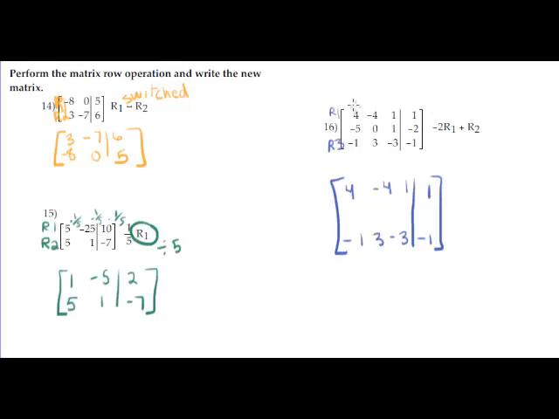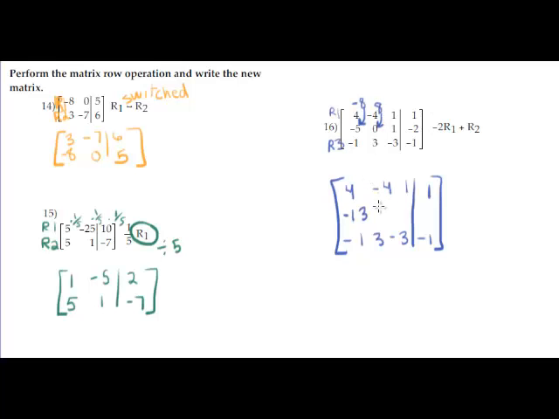So to figure out what row 2 is, I'm going to take what's in row 1, which here is a 4. I'm going to say 4 times -2 is -8. Add that to what's in row 2. -8 plus -5 is -13. Then I'm going to do it again. -4 times -2 is +8.